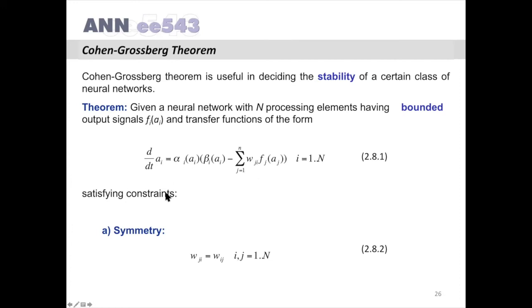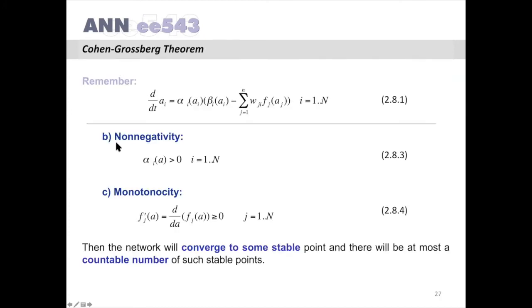Satisfying constraints: symmetry, w_ji is equal to w_ij, i, j from 1 to n. This is saying that the connections are symmetric. Non-negativity, saying that alpha_i is greater than 0 for each i from 1 to n.